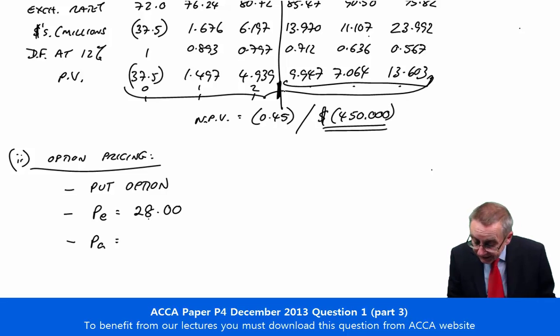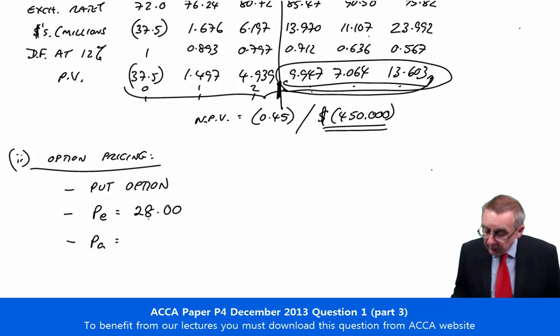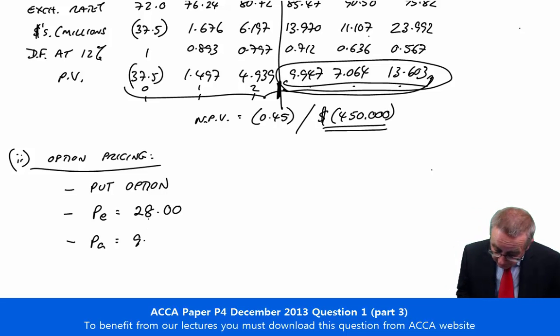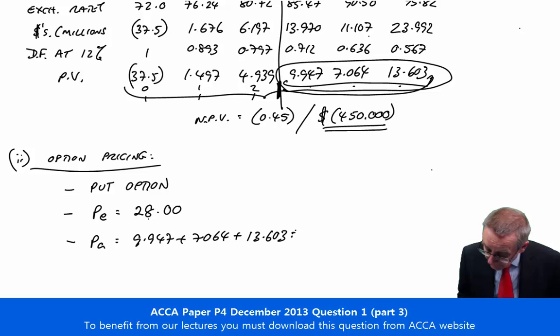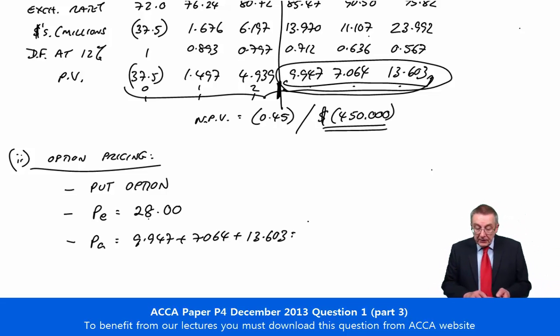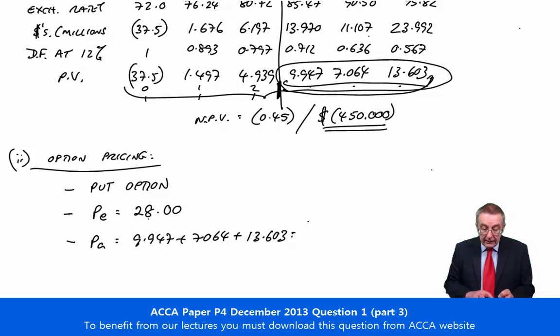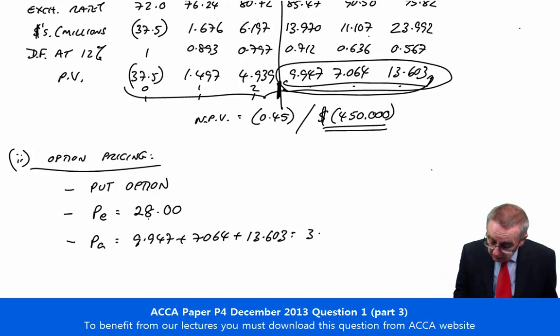We're selling the remaining 3 years, and the current value of those, 9.947, the present value is 7.064, 13.603. The current value of them is 30.614.